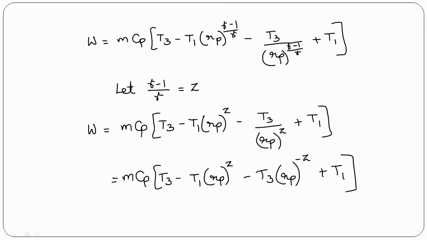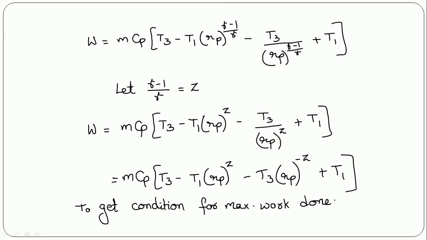So taking Rp to the power z to the numerator, it becomes Rp to the power minus z. Now to get the condition for maximum work done, we need to put dW by dRp equal to 0. That means we need to differentiate work done with respect to the pressure ratio and equate it to 0.